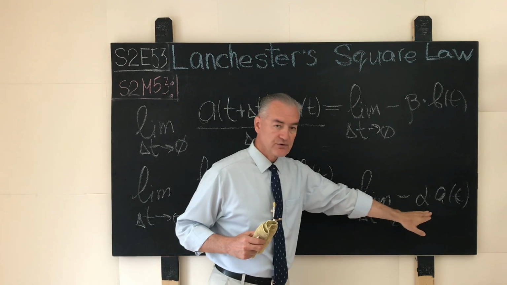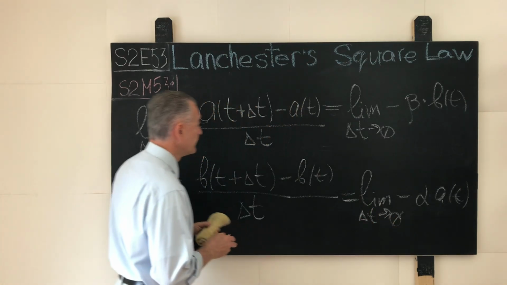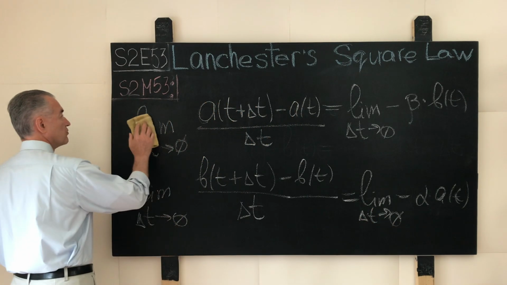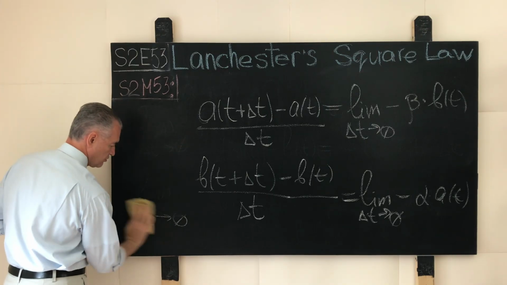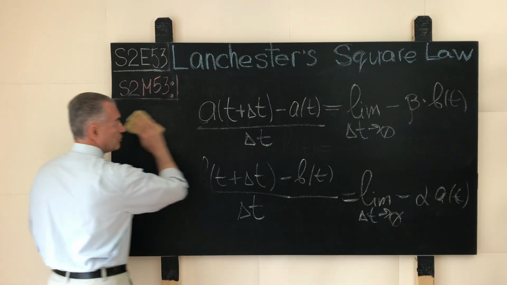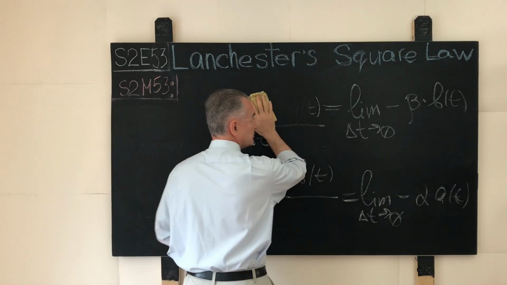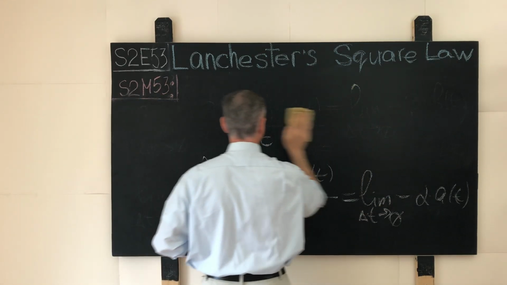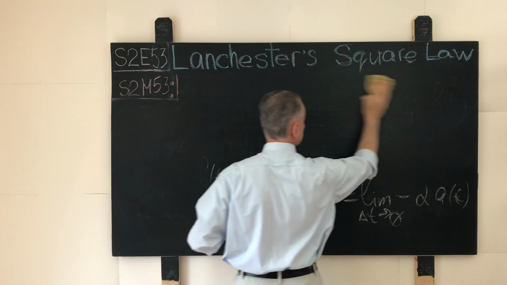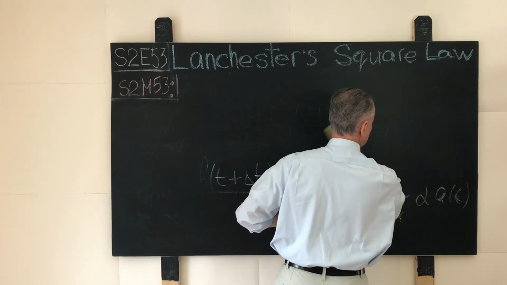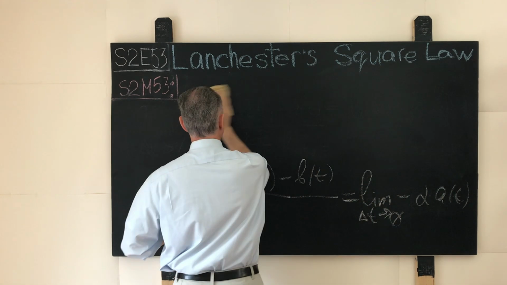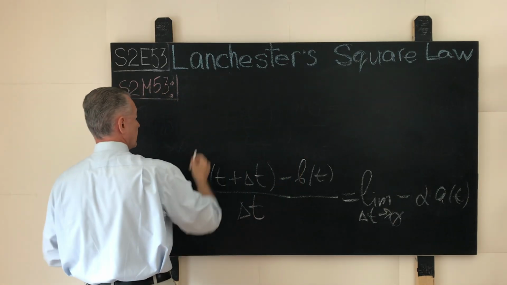Delta t tends to 0, no delta t over here. And what does that mean? That means that we can collapse all the hard work that we have done so far, and rewrite our result of actionable mathematics as follows.